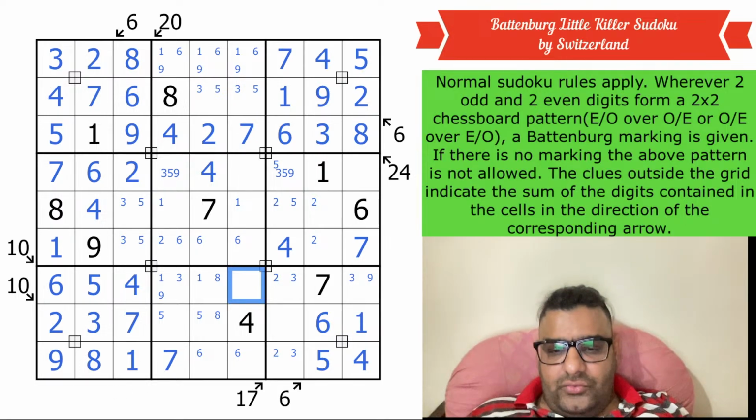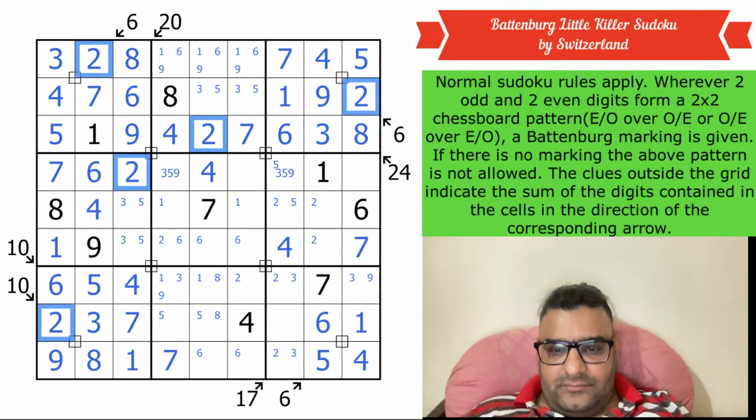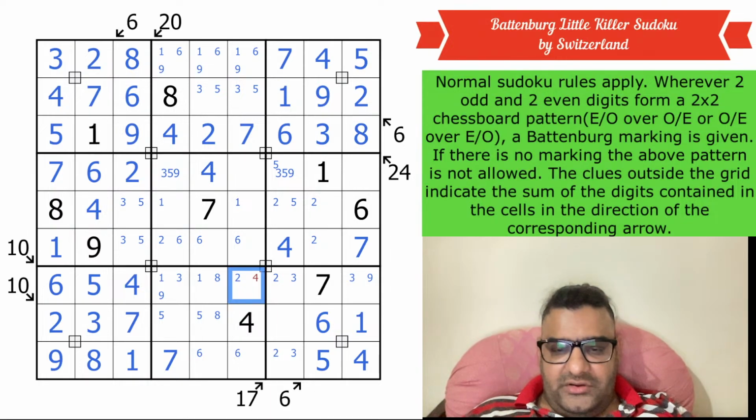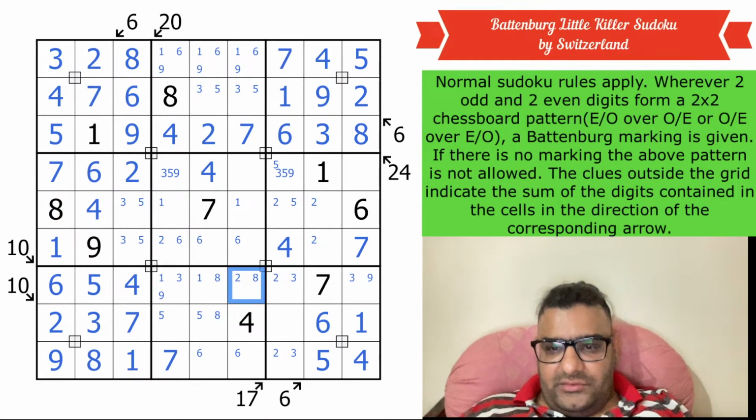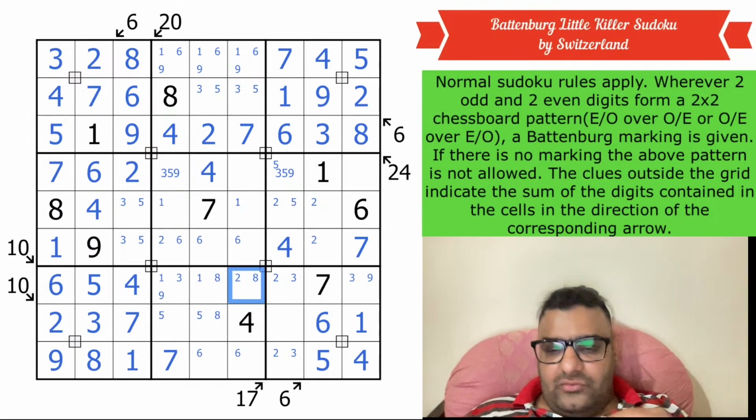Can it have a 2? Yes. Can it have a 4? No. Can it have a 6? No. Can it have 8? 2 and 8 is there. 2 or 8.